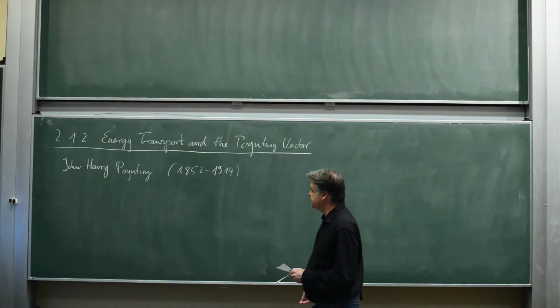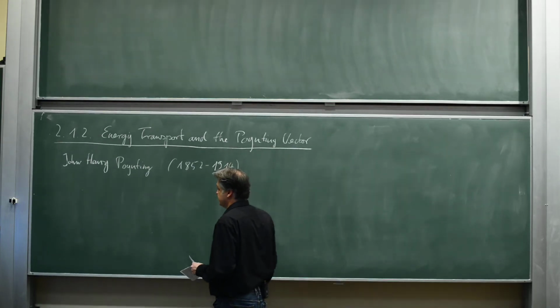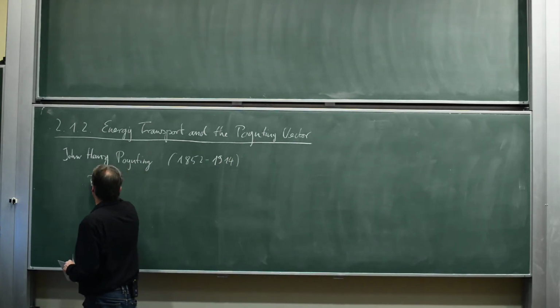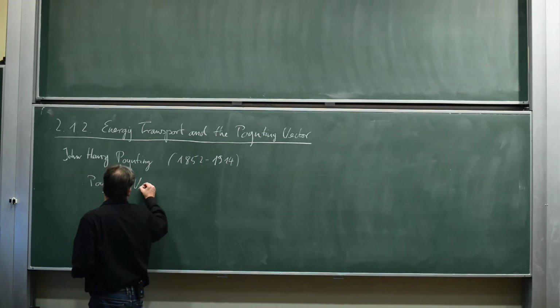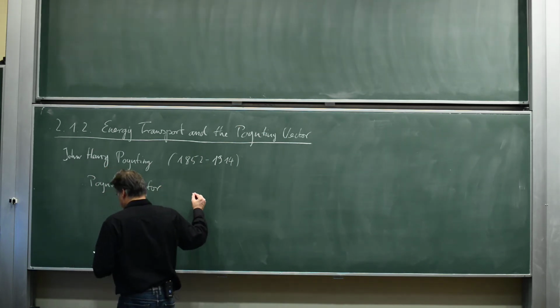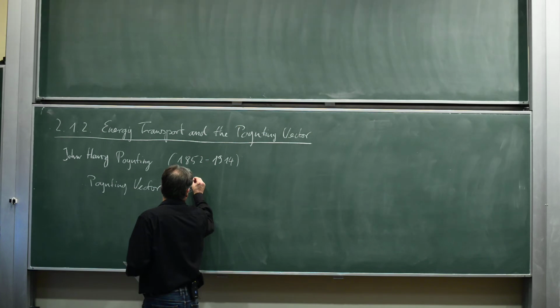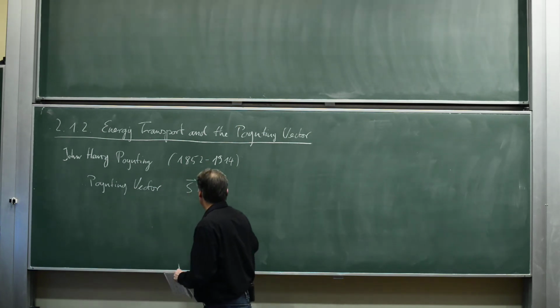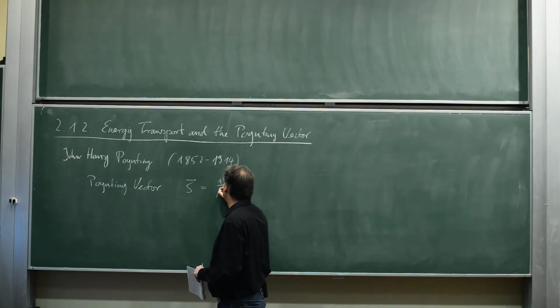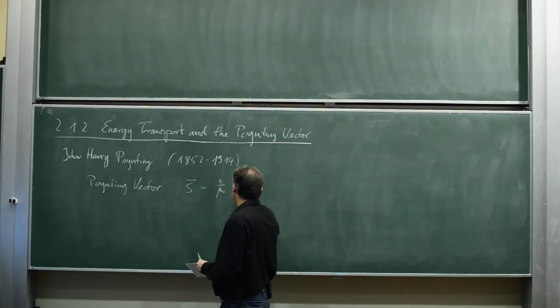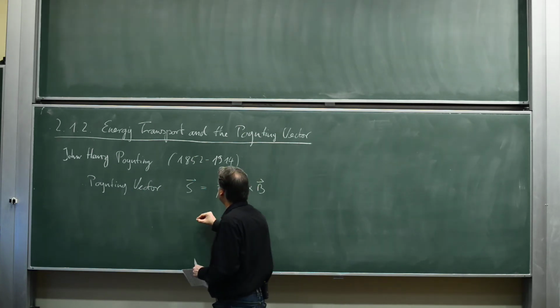The Poynting vector is defined as follows. S is 1 over mu naught E cross B.